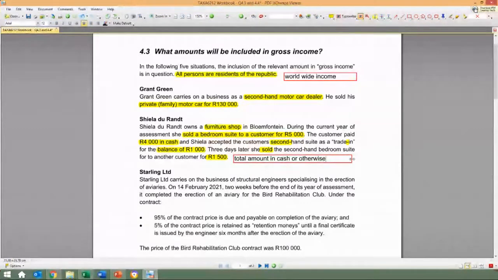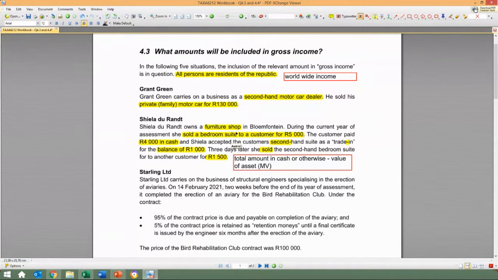Okay, now when we receive something that is not cash, we need to look at the value of the asset that would be included. And normally that would be the market value. So what is that asset worth currently in the market? And that is the amount that you would include in the gross income. So in this scenario, they've sold a bedroom suite, which is trading stock.